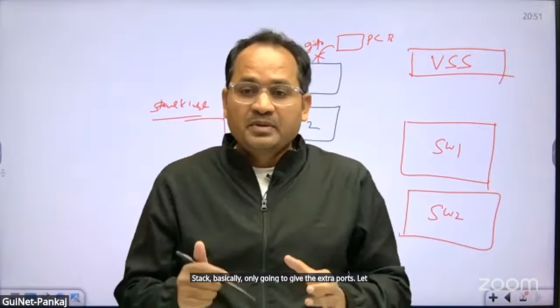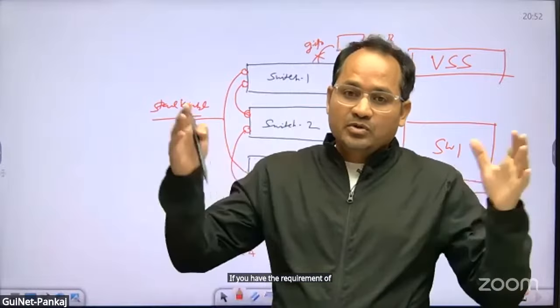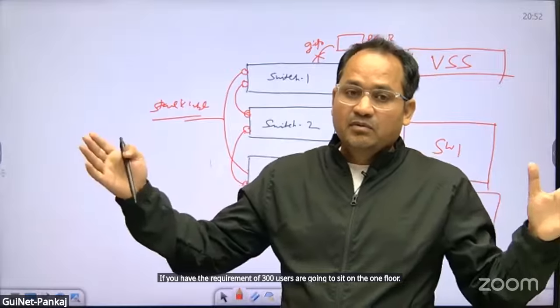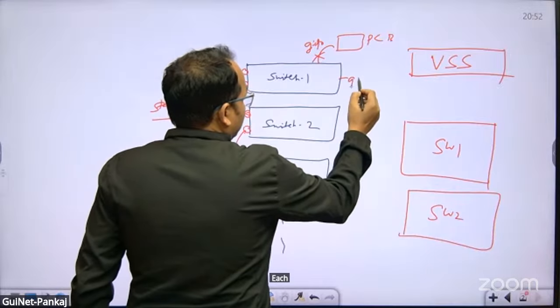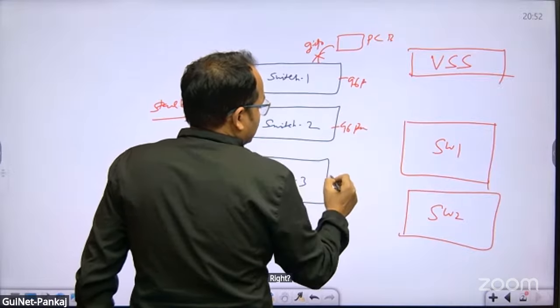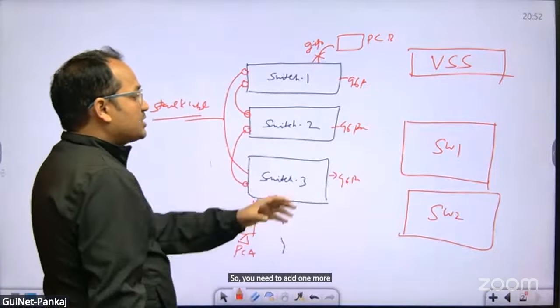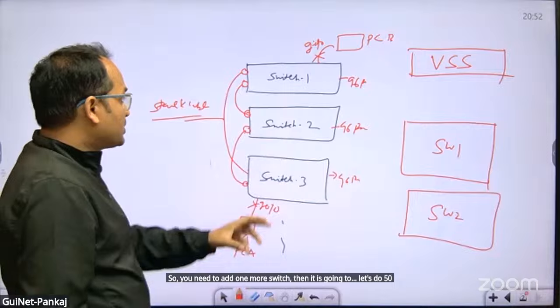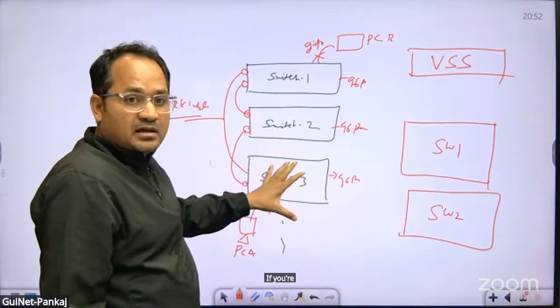Let's suppose you have a requirement of 300 users sitting on a single floor. Generally, by default each switch is a 96 port switch, so you need to add one more switch. Say 250, for example, then these switches are going to give 250 ports if you make them a stack.